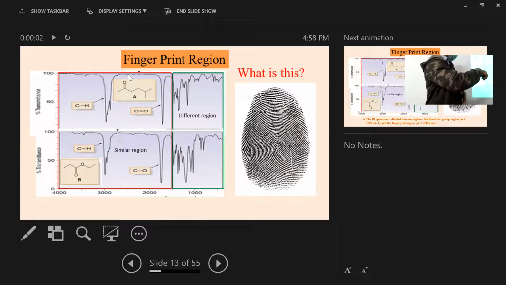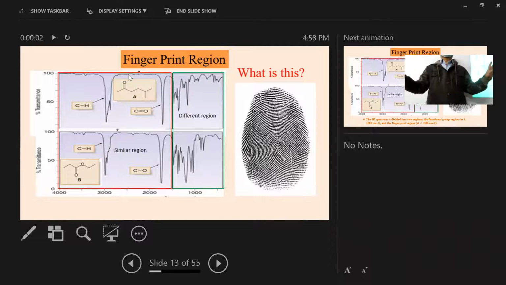Just here you can see, we have a similar carbon oxygen double bond, but you can see this region has an intensity or infrared absorption that is quite different from this region. That is completely different, or that would be individual for this molecule.